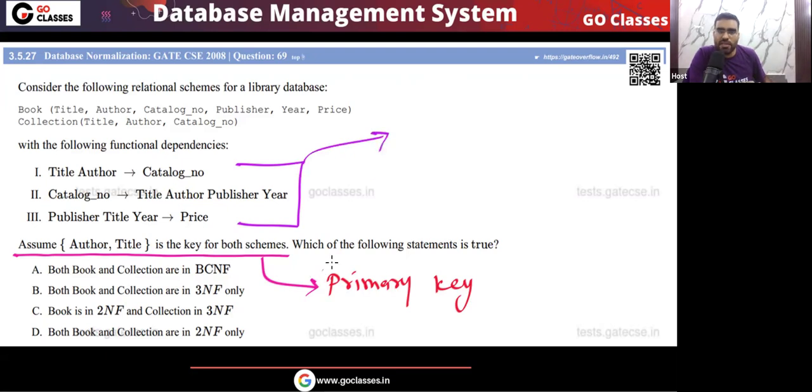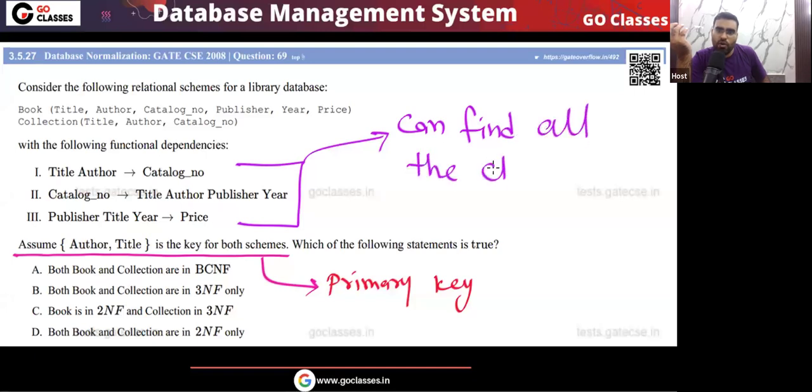Remember one thing, there can be many more candidate keys. From the functional dependencies, we can find candidate keys. We can find all the candidate keys for both relations.